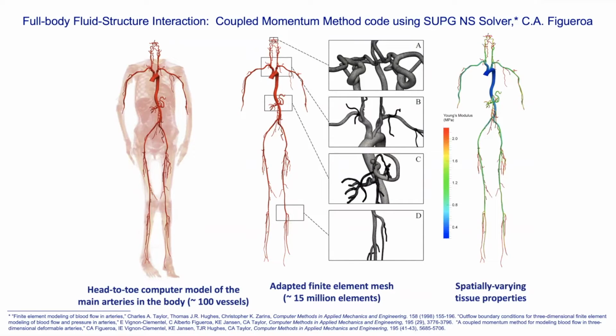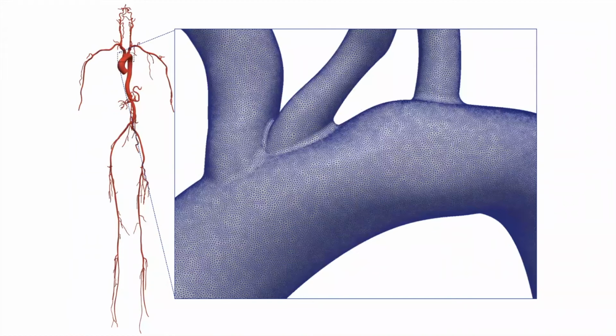The material properties of the arterial wall are spatially varying to reflect true physiology. That's just a detailed picture of the type of resolution. That is the surface, and those are prismatic triangular elements that go in one layer. That's the wall model. Then inside is a tetrahedral model with boundary layer refinement to get the Navier-Stokes solution correct. Full Navier-Stokes calculation.